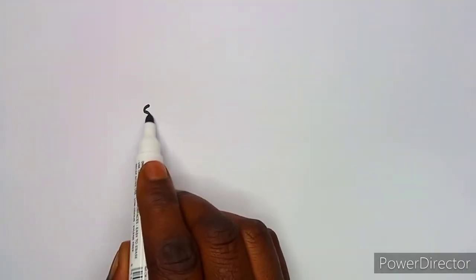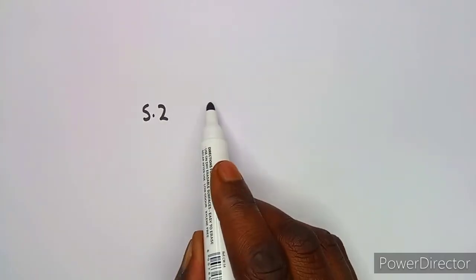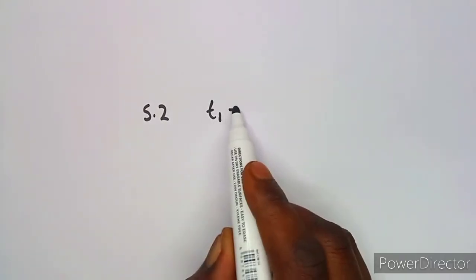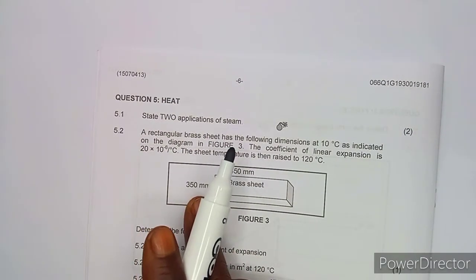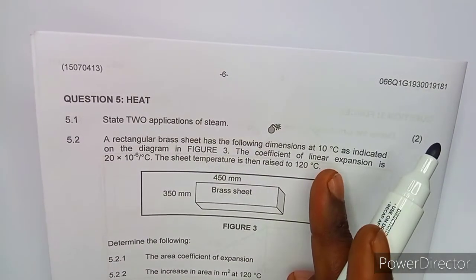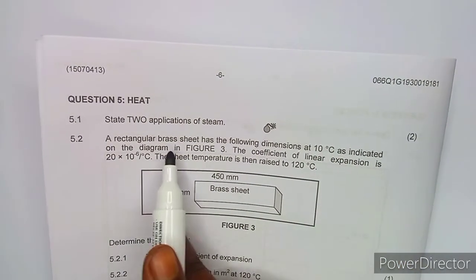This is what we want to see. This is a rectangular sheet that we are given, and we are given conditions when it is at 10 degrees Celsius, which means that is our initial temperature, T1 of 10 degrees Celsius, and it's a brass sheet.